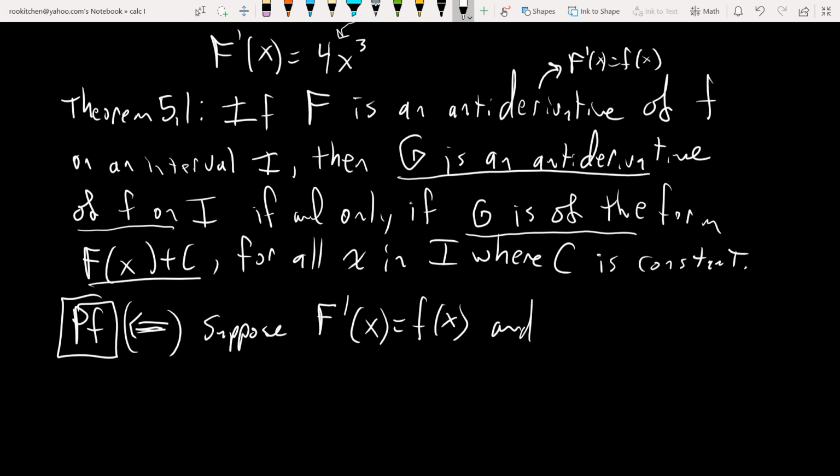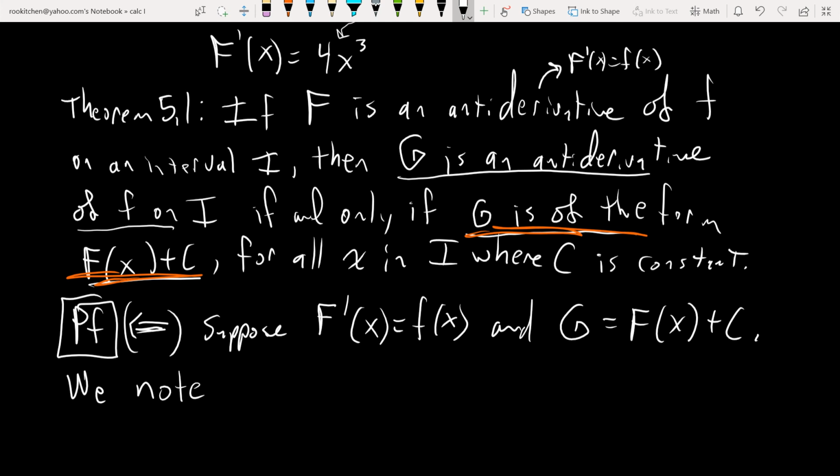And we also suppose this first half, or I guess the second half in this context, of the if and only if statement. So we're going to suppose that G is of this form, G equals big F of x plus c. I think we can just use calculus here.